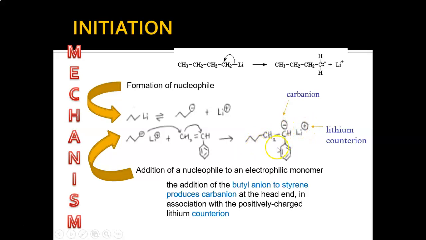So how do you write this structure? You just copy the structure of the negatively charged butyl first, followed by the structure of the monomer without the double bond. You need to draw it as a single bond. So this is the butyl structure first, followed by CH2, CH, and don't forget to write the Li plus, like the lithium counter ion.